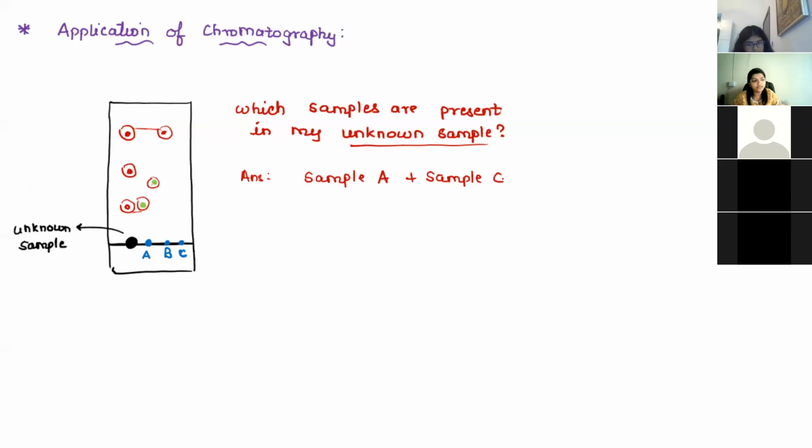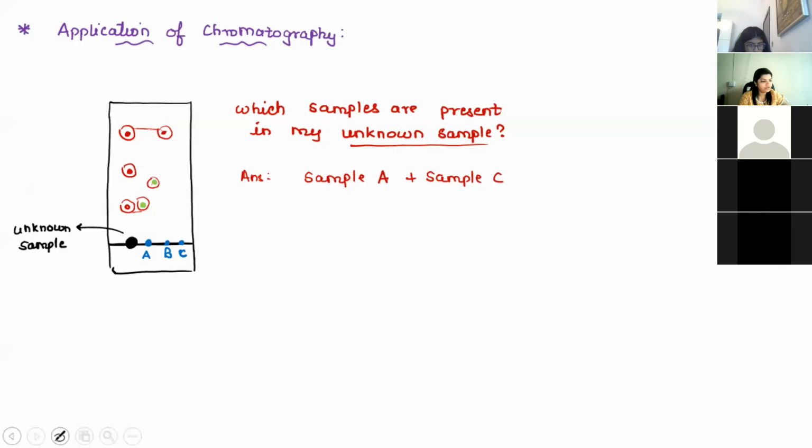So this is an application of chromatography, where along with how many components a mixture contains, you can also find out which components your mixture contains.